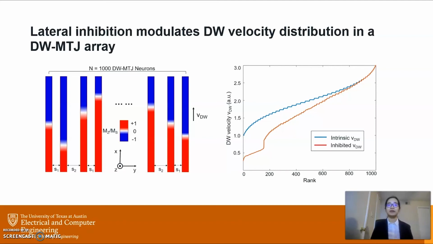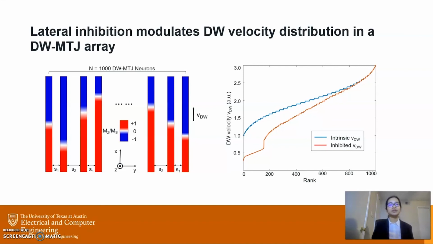As shown on the left, there are 1,000 domain wall neurons arranged in an array, and we should note that the spacings alternate between S1 and S2, which are unequal. This arrangement is intended to break the spatial symmetry of the two neighbors, both on the left and on the right, so that the stray fields do not cancel each other.